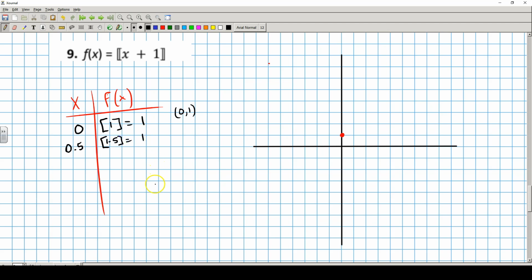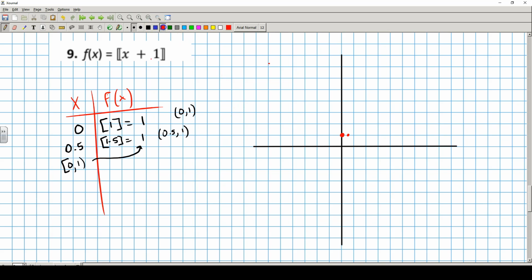Again, that's going to give me 1. And in fact, any value from 0 all the way to 1 is always going to give us 1. So 0.5 gives us 1. But if I plug in 1, then it changes.